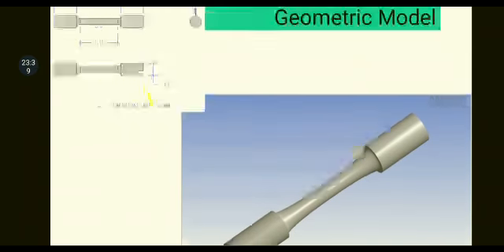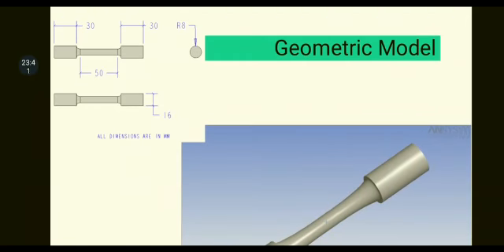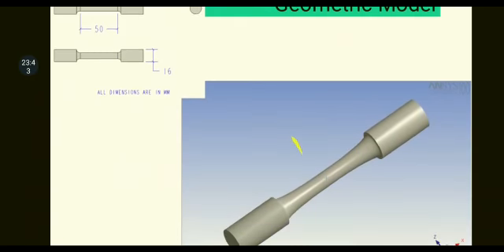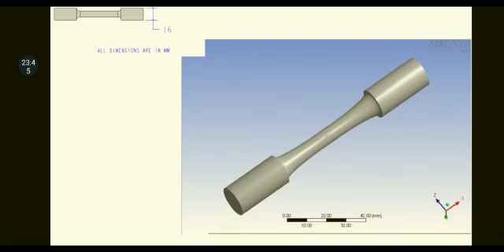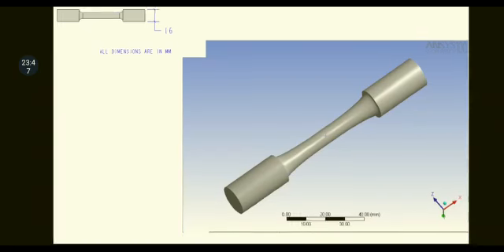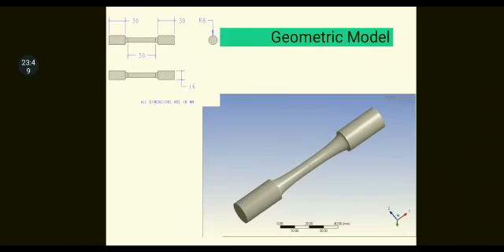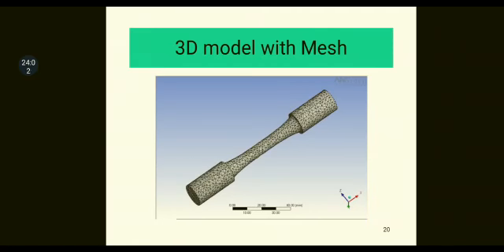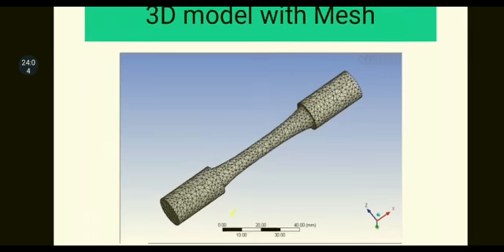There is a drawing and the developed model, a solid model. So this is what we call a geometric model. I would have specified still more, like what the material is and what the name of the component is, but still it is understandable. Say, a 3D model with mesh.